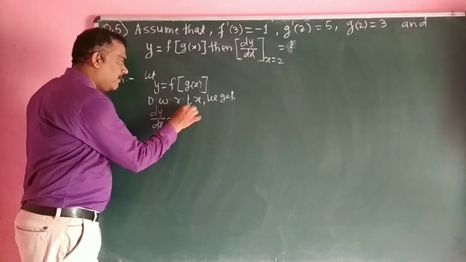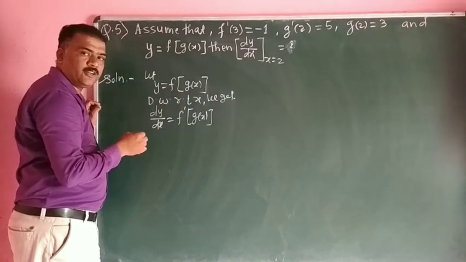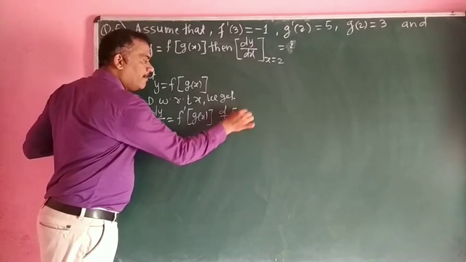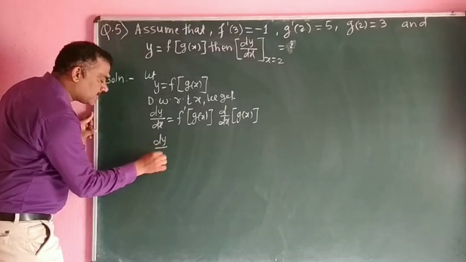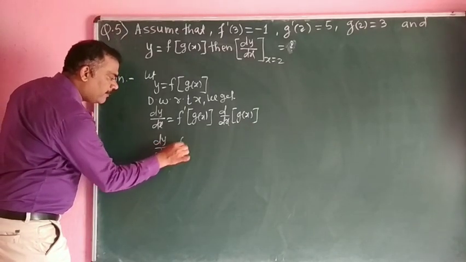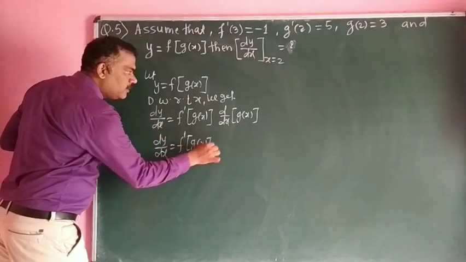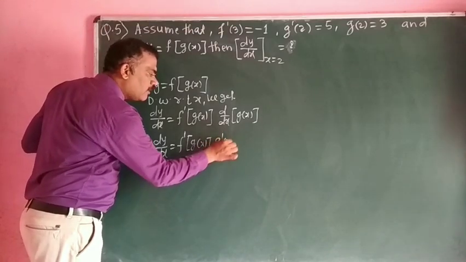It is f dash of the variable as it is, that is g of x. Now we take the derivative of g of x. So dy by dx is equal to f dash of g of x into g dash of x.